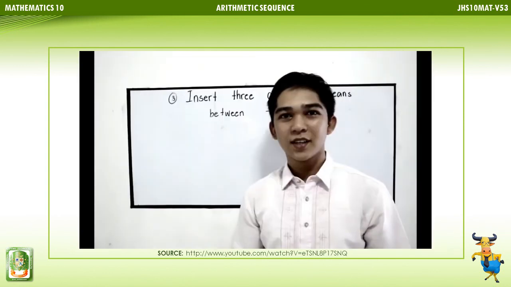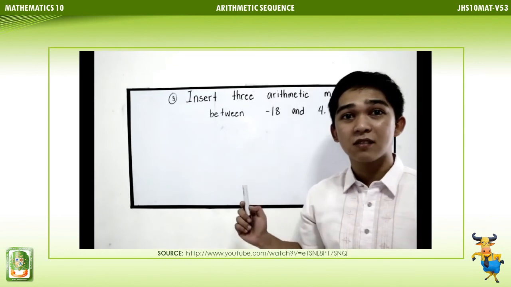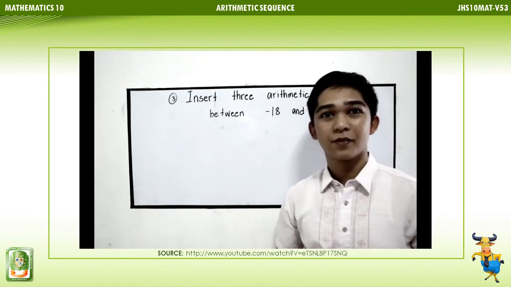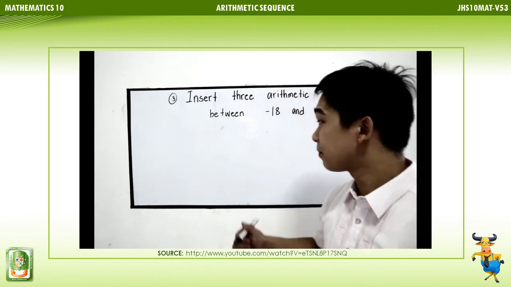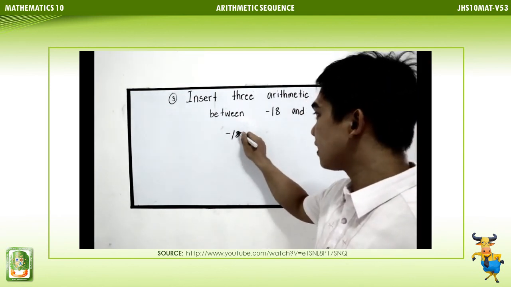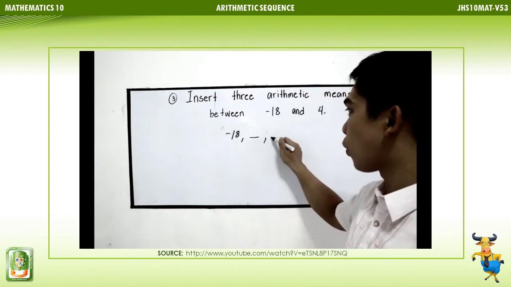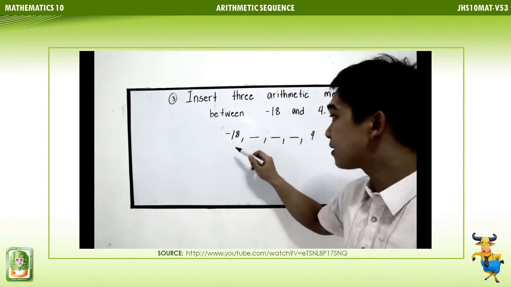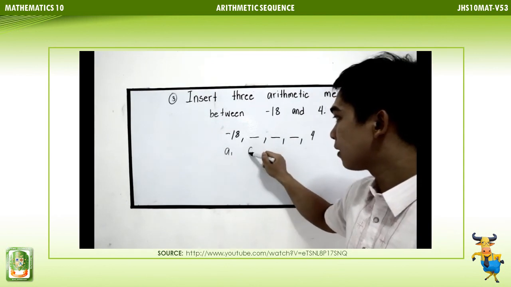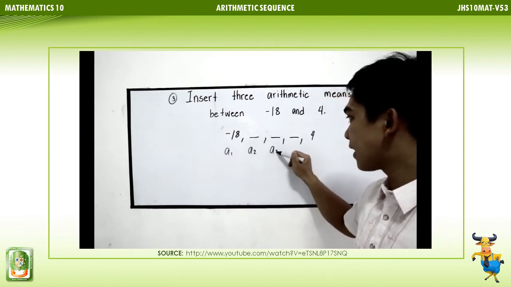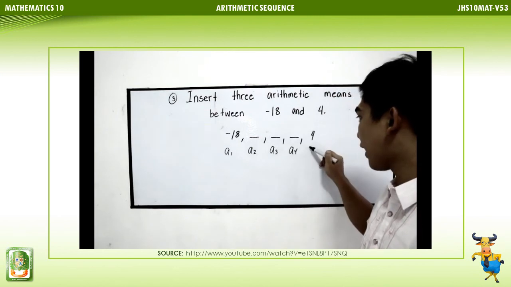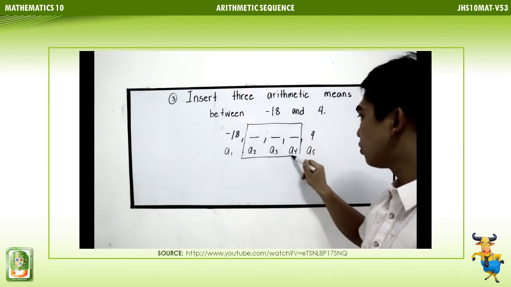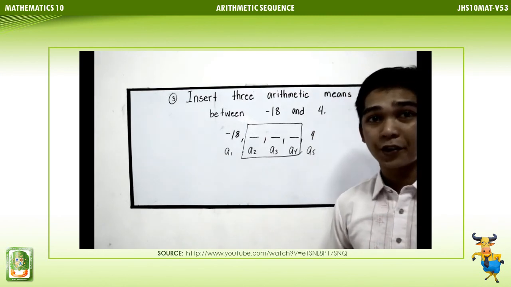So A19 is 129. Next: insert 3 arithmetic means between negative 18 and 4. First, let us illustrate. Negative 18, then 3 arithmetic means, 1, 2, 3, then 4. That means these will be A1, A2, A3, A4, and A5. We're going to find A2 to A4.